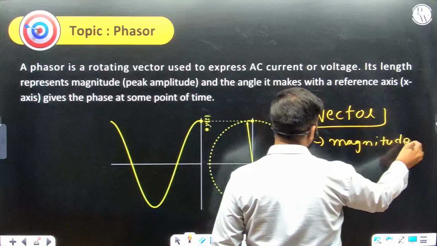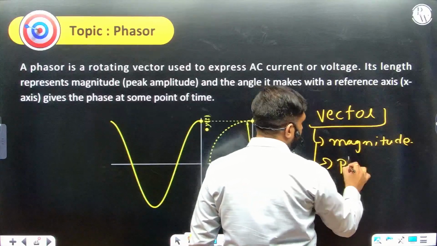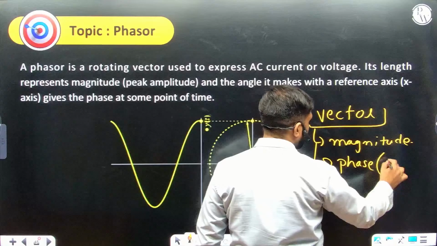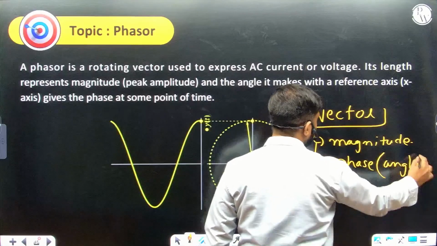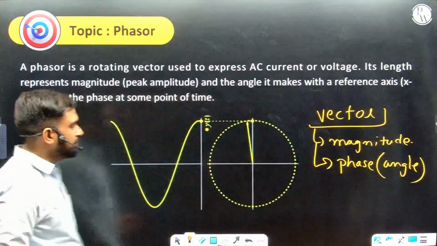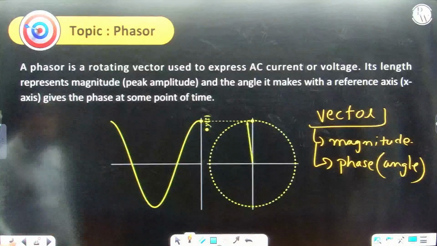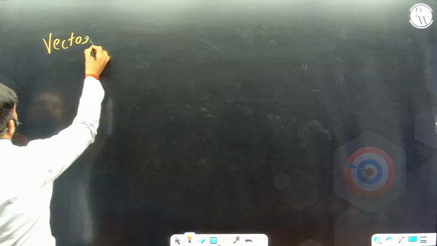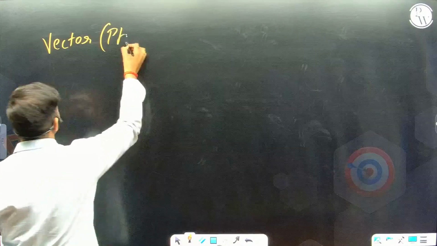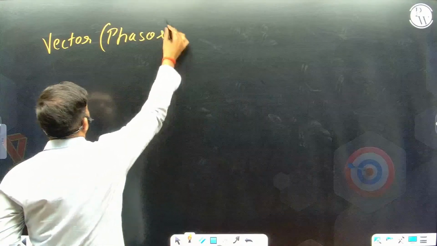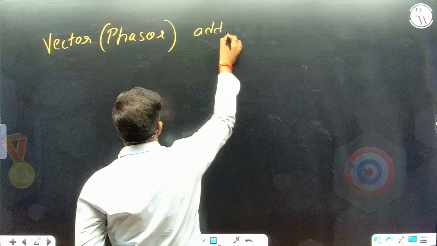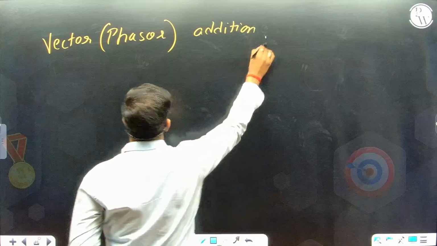If you know the angle, which now I will call phase, then you can do everything about the vector. So in the AC circuit, it's everything about vector addition. If I say vector here, it implies phasor.